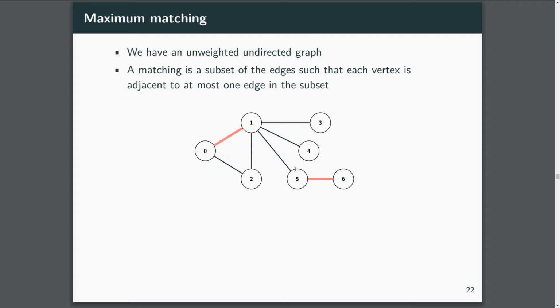And if we have these two edges, then we can't have this one because it has a common endpoint with something that's already in our matching. So we can't add any more edges to this matching, which means it is maximal, not maximum, maximal.